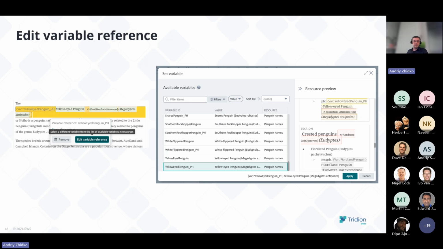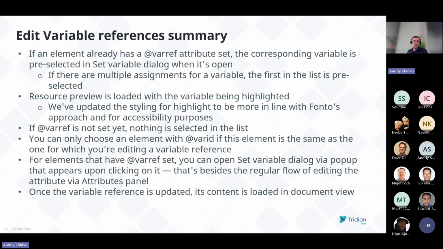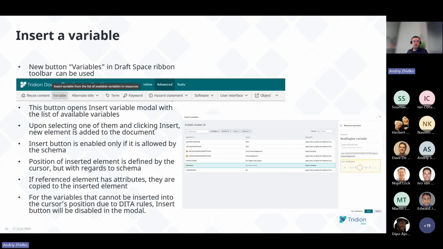Once you update the variable and choose the value, the content is loaded in the document view. Again, this is a summary of things I mentioned, for reference, and I will also demo that later.